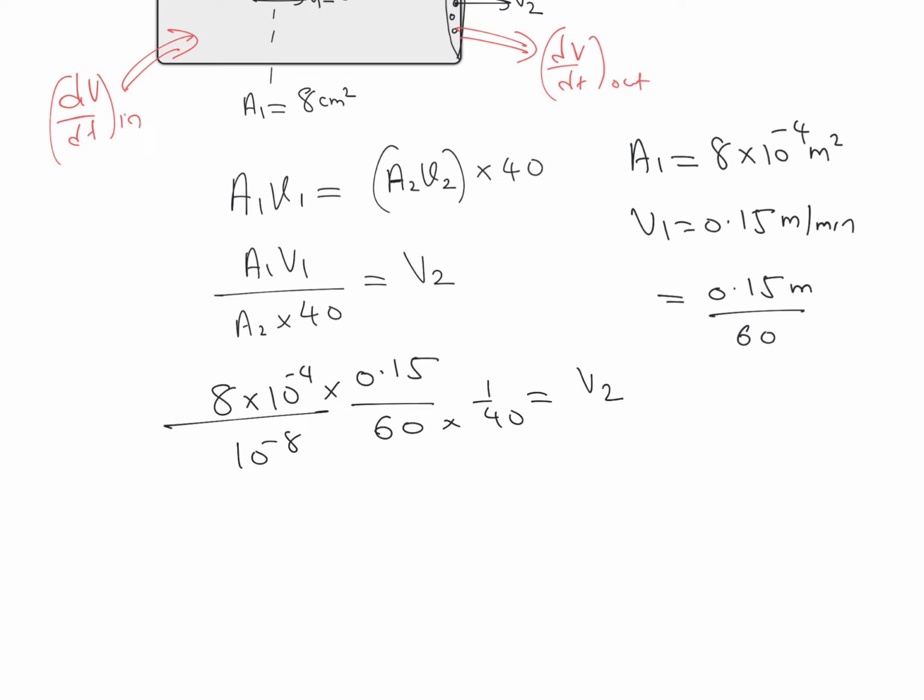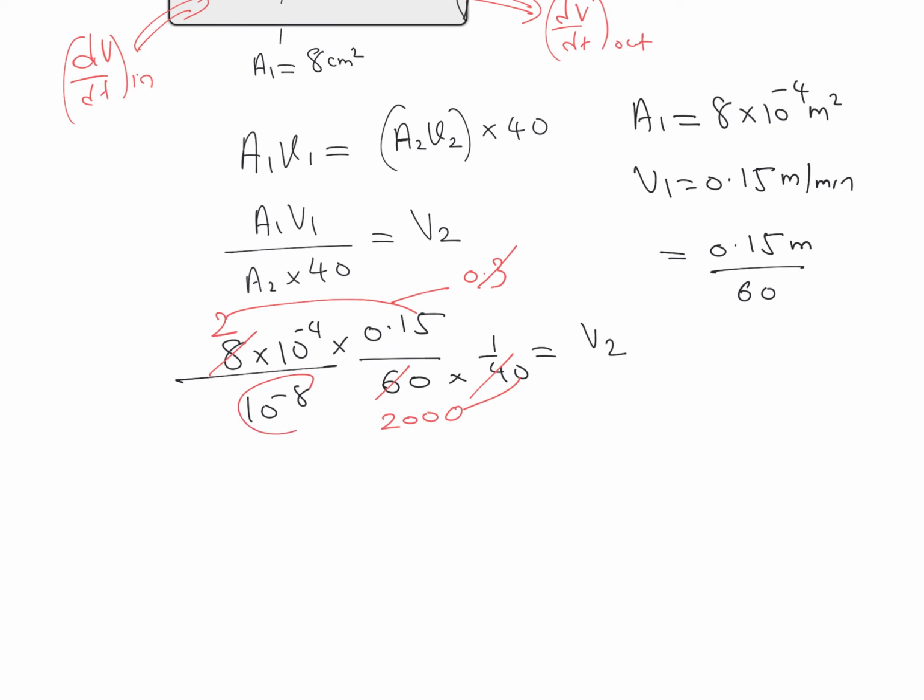Now we can just find the value for it. This 4 and this 8 we can cancel, and you will get 2. 2 into 1.5 gives 0.3, and 0.3 and 6 we can cancel, so we get 20. If we cancel this, we get 200, and one more 0 from here, we can take it as 2000.